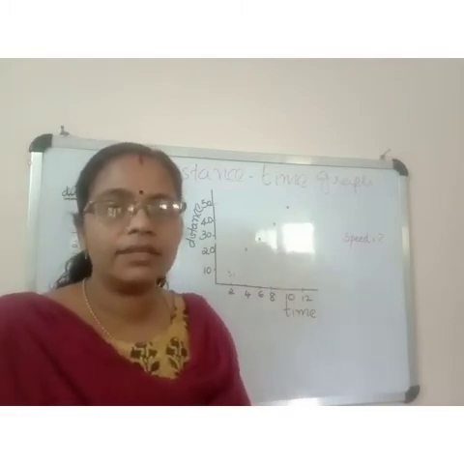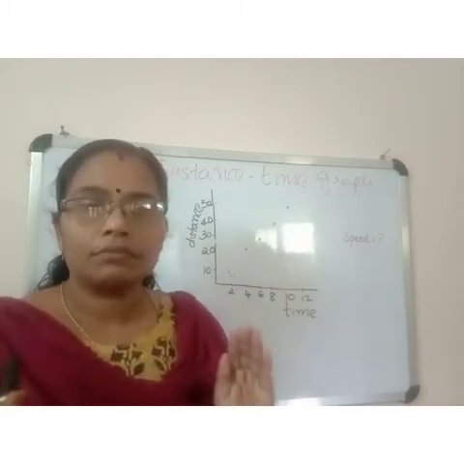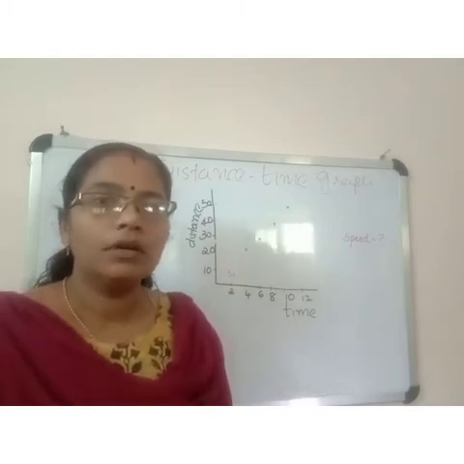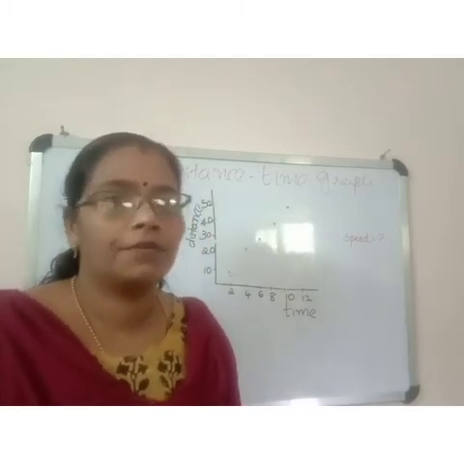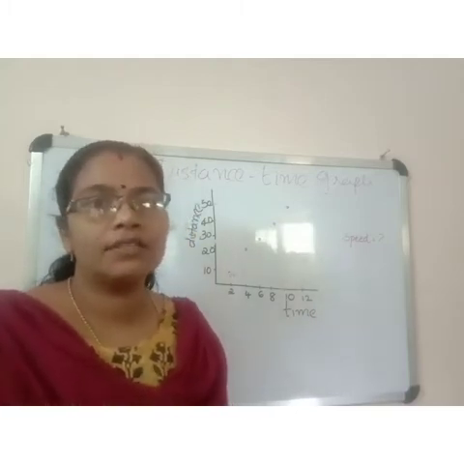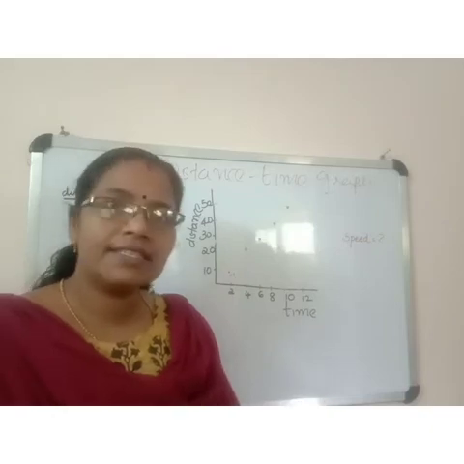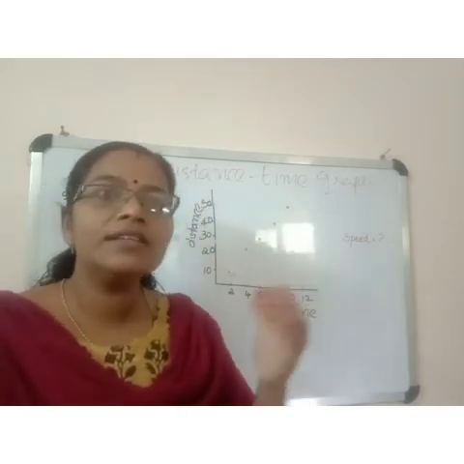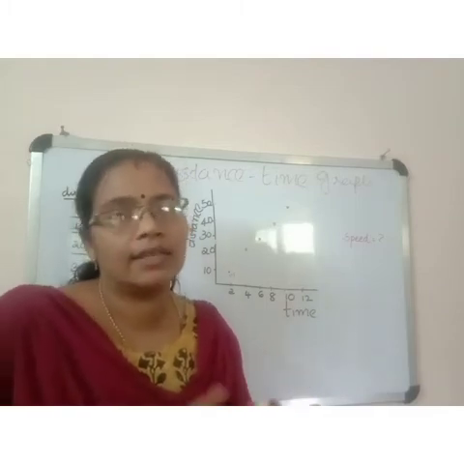That is what we are doing now. What's the need of drawing such a graph? If distance and time are known to us, speed is related to this distance and time.